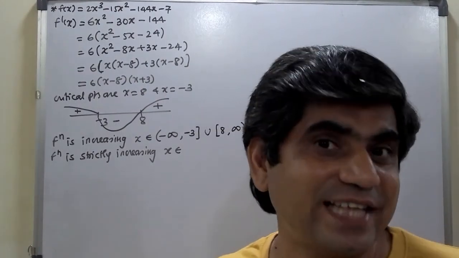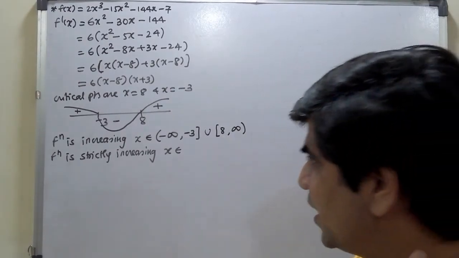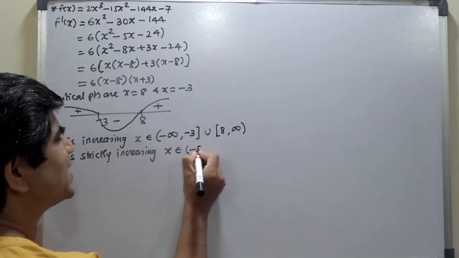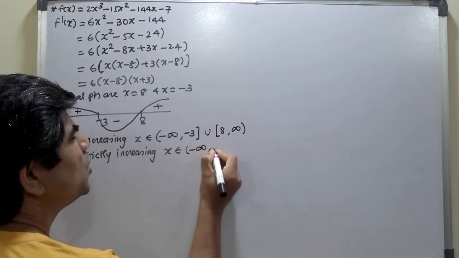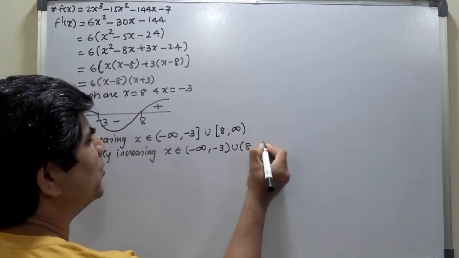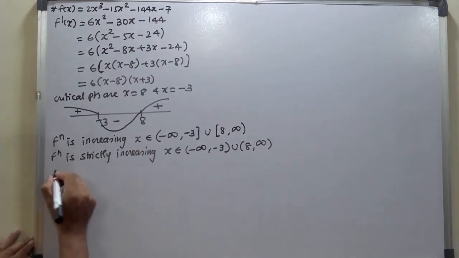Remember what Samir sir says. It must be compulsorily greater than 0. Greater than 0 means minus 3 and 8 will not be included. So it will become minus infinity to minus 3 open, union open 8 to infinity. Nice. Understood?